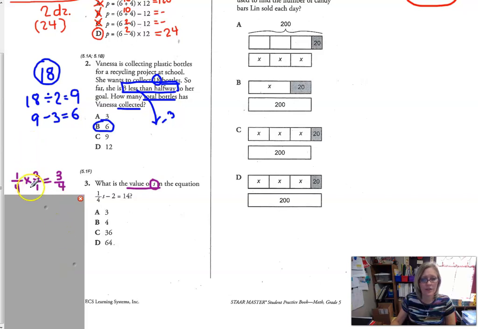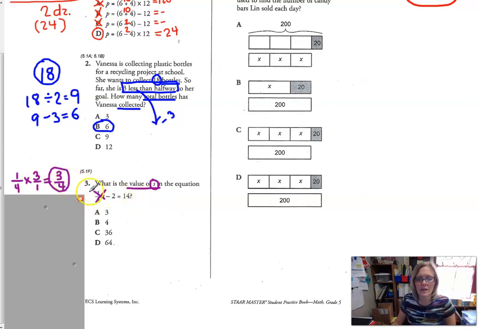Okay, so if I did 1/4 times 3, remember I just need to put my 3 as a fraction, so I put it over 1. And to multiply fractions, we just multiply straight across, easy as that. So I got 3/4. Well, if this whole thing made 3/4, and I subtract 2 from 3/4, well, 3/4 is a fraction.